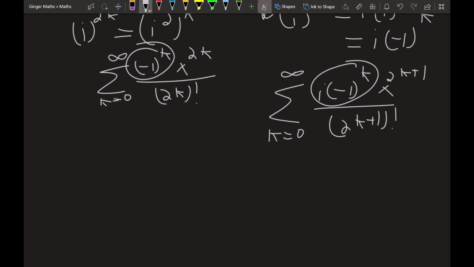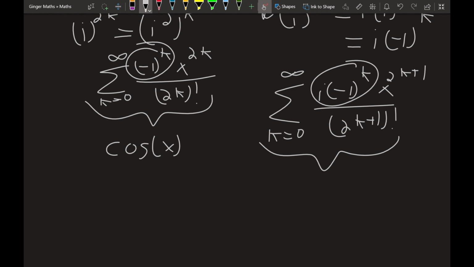But before we do that, you'll notice that this right here is just the series for cosine. This is just by definition the same thing as the cosine of x. And you'll notice here that this is very similar to sine, save this i, but by properties of sums we can just stick this on the outside. So this is the same thing as i times the sine of x.